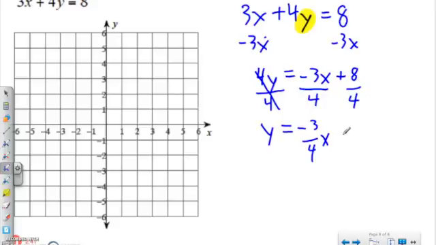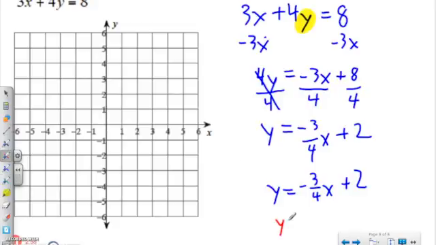Now, 8 divided by 4 does simplify. 8 divided by 4 is going to be 2. So now we have y equals negative 3/4 x plus 2. Notice this is now in slope-intercept form.